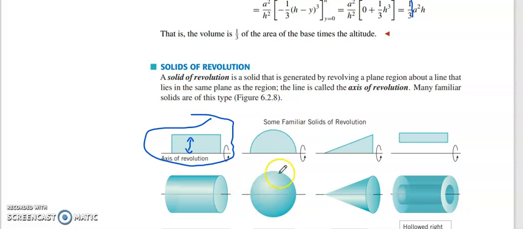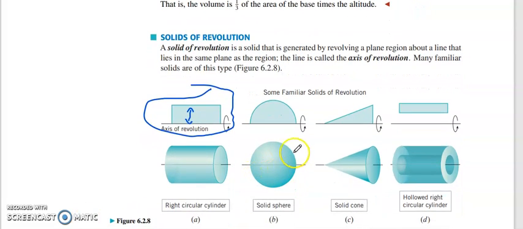Next, say you have a hemisphere. When you revolve the hemisphere you can see that you obtain a solid sphere. Here the plane region is the hemisphere and the axis of revolution is this line. When you revolve the hemisphere around that line, you get a solid sphere.